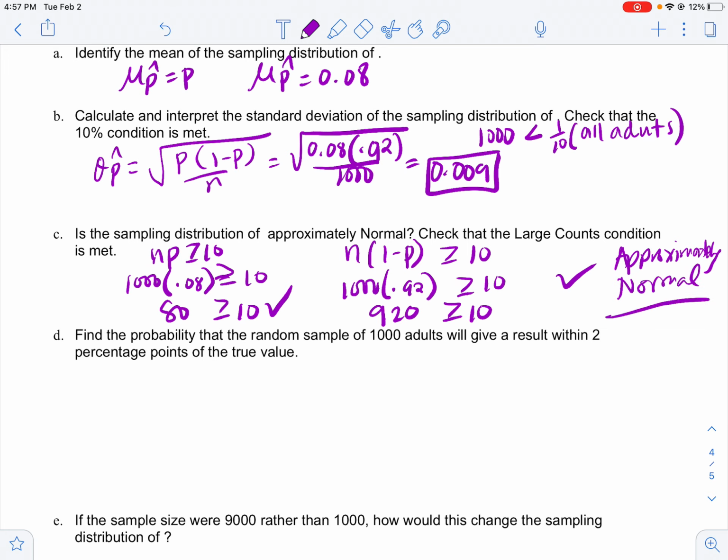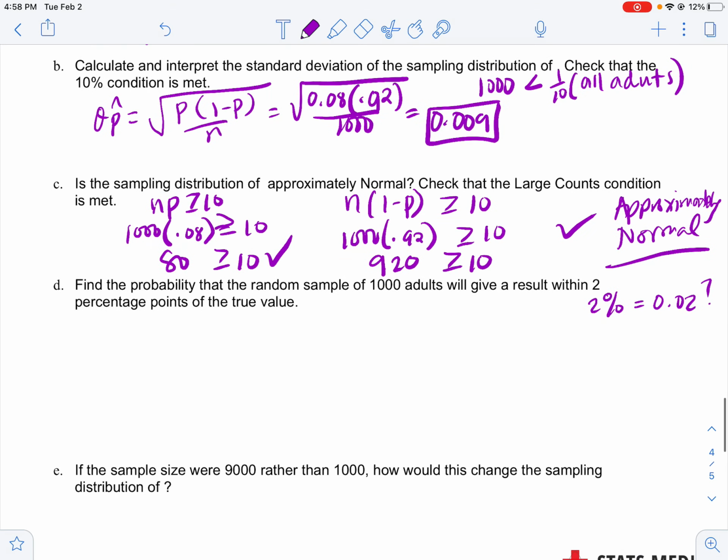Okay. Find the probability that a random sample of 1,000 adults will give a result within 2 percentage points of the true value. What is 2 percentage points? So 2% or 0.02, right? Our mean is 0.08 and our standard deviation is 0.009.